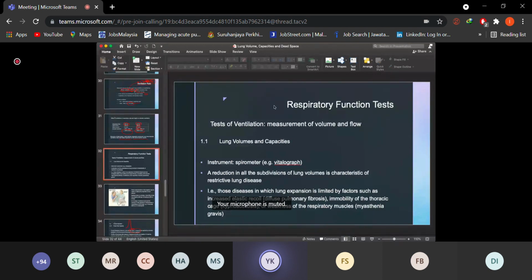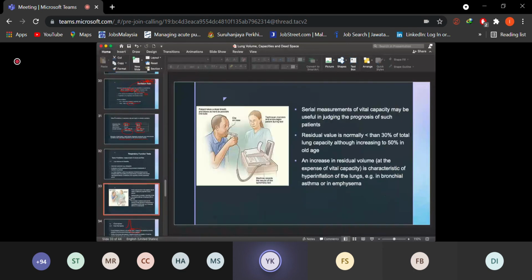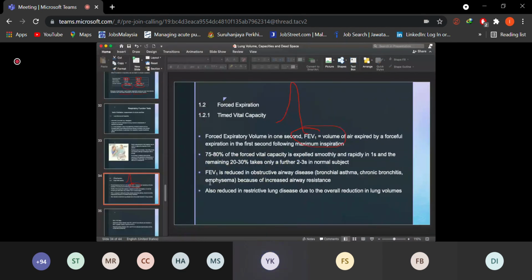The lung volumes and capacities are important, because from them you will know the tidal volume, the total lung capacity, the vital capacity, all of this. In the forced expiration, you will get the value, the FEV1.